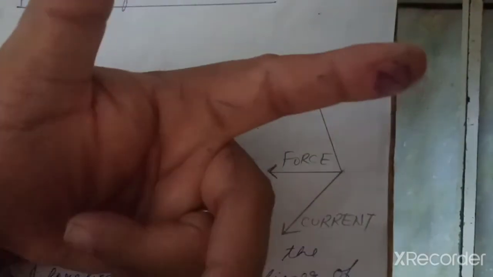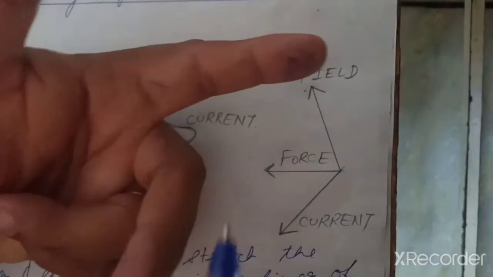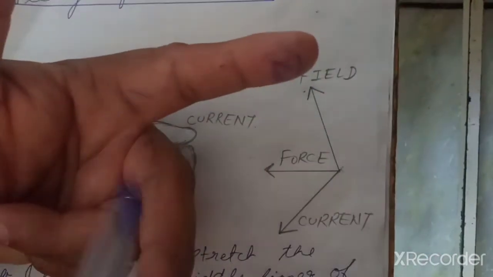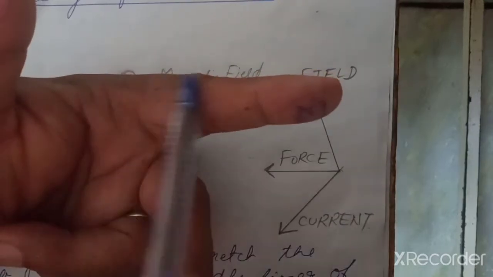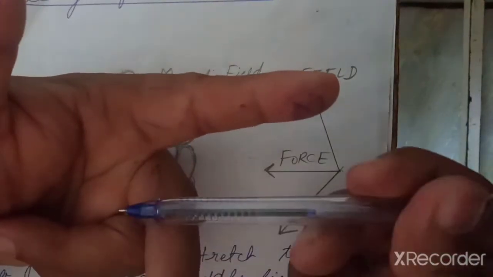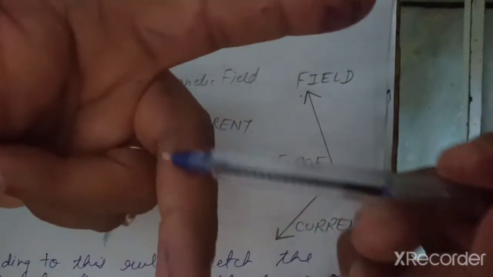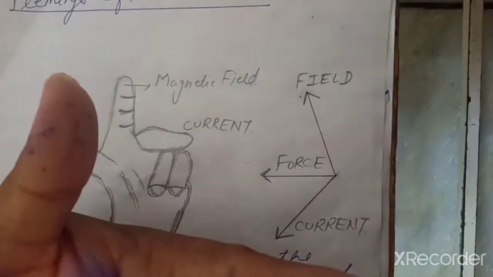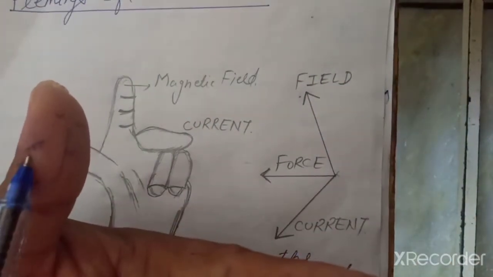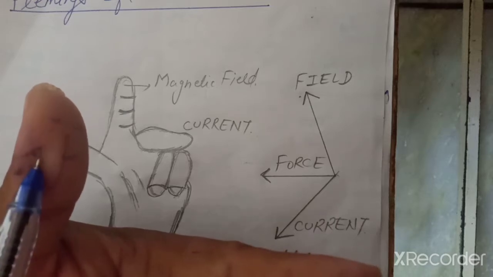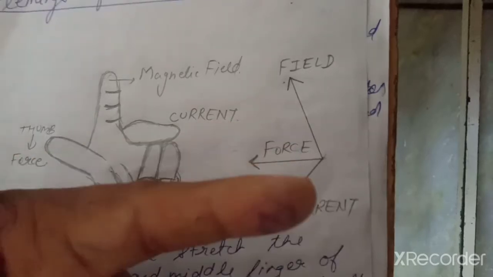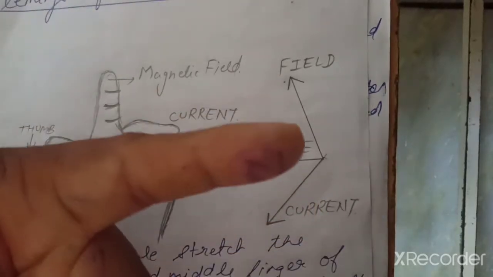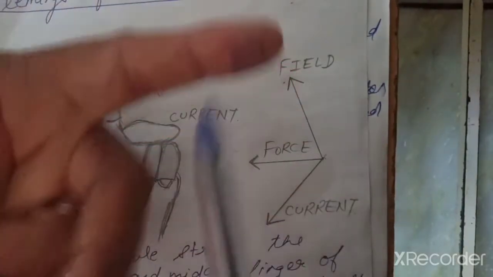When the thumb, first finger and second finger are mutually perpendicular to one another, the first finger shows the direction of the magnetic field, the second finger shows the direction of the current, and the thumb shows the force on the conductor. We can remember it as the father, mother and child rule, or the FMC rule.